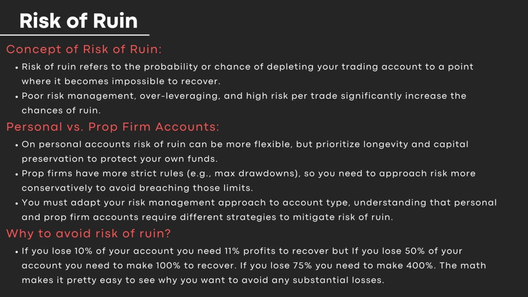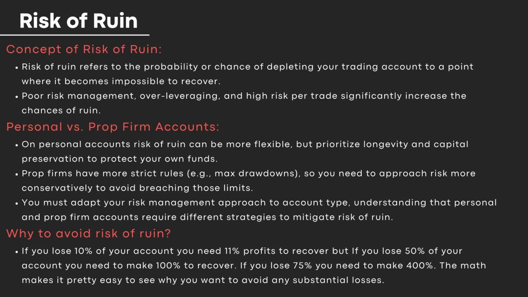Because if you're risking too much on a single trade and you hit that drawdown limit, you're out. So the approach for a prop firm has to be different, and you cannot treat it like a personal account, because the stakes of blowing up your account are a lot higher, and the room for error is smaller because of how small a drawdown limit they have set, which is only 10% for most prop firms.